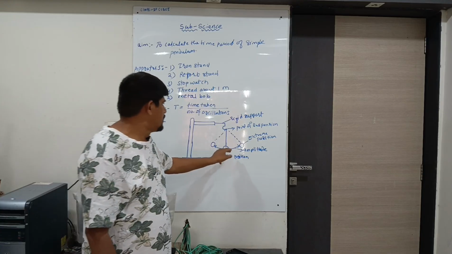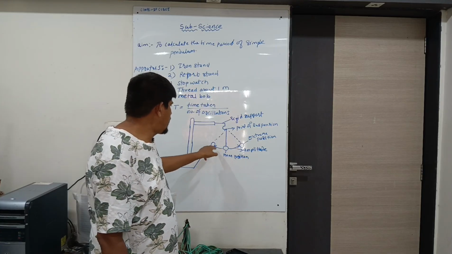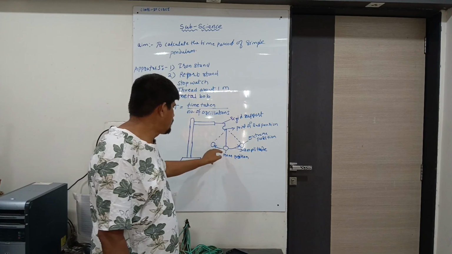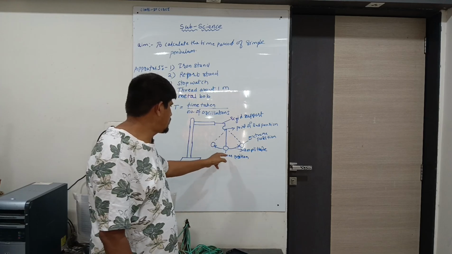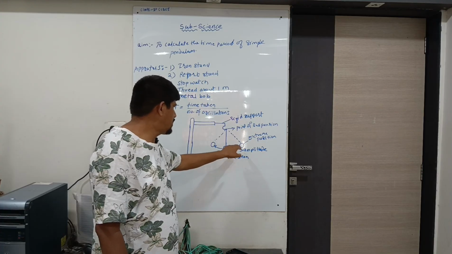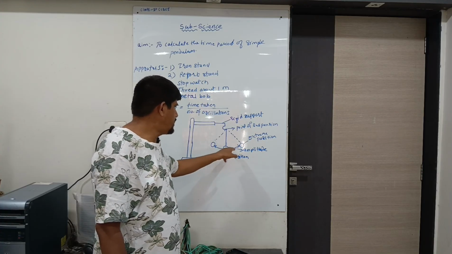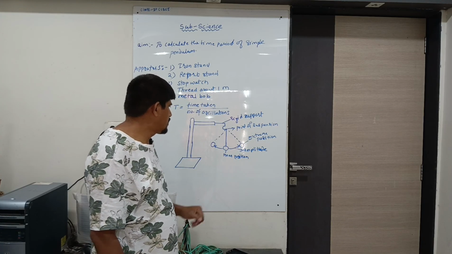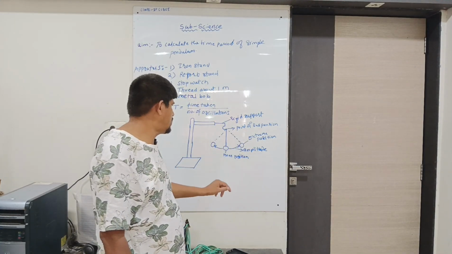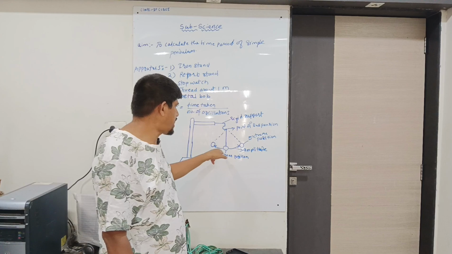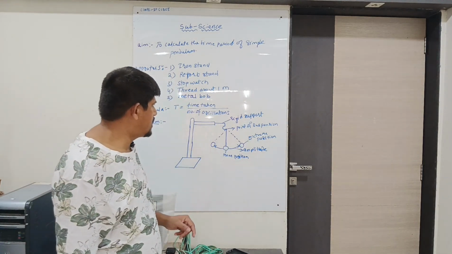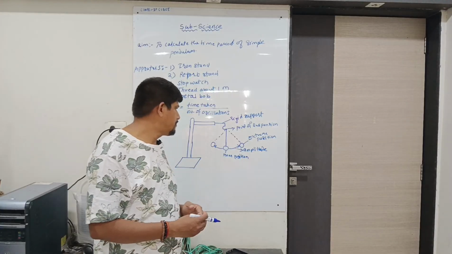It means the maximum distance covered by the bob of the metal on either side of its mean position is called the extreme positions. So this is the maximum point on either side of the bob of the pendulum from the mean position. And the maximum distance covered by the pendulum from its mean position on either side is called the amplitude.